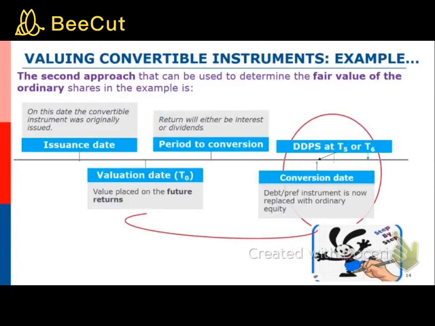So if I was to draw you a number line, when precisely would we be valuing these shares? Remember, we valued these shares at valuation date based on approach 1, taking the most recent or current EPS on a diluted basis, or diluted dividend per share, or we grew that dividend per share for 1 year and then used KE minus G. All three of the methods we've just looked at valued the shares where the blue arrow is, in other words, on valuation date.